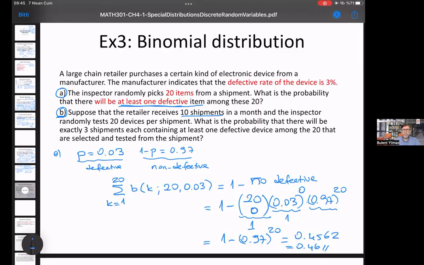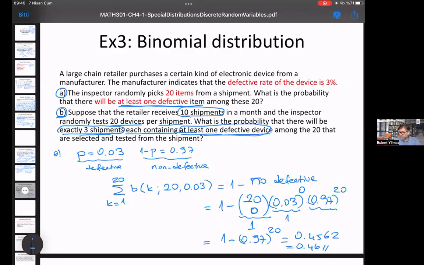What's the probability that there will be exactly 3 shipments, each containing at least one defective device? There will be exactly 3 shipments out of these 10 shipments, each containing at least one defective device.